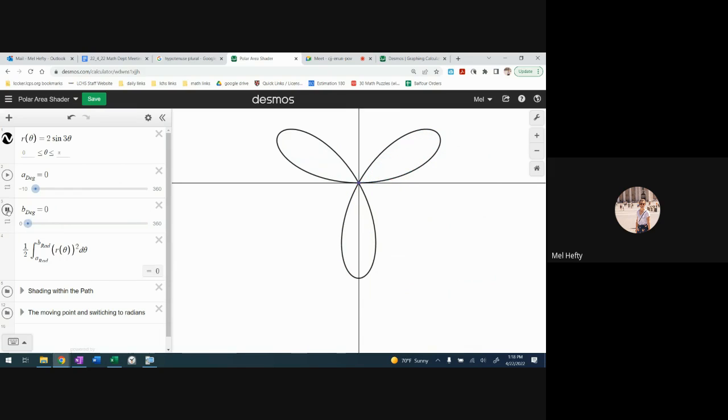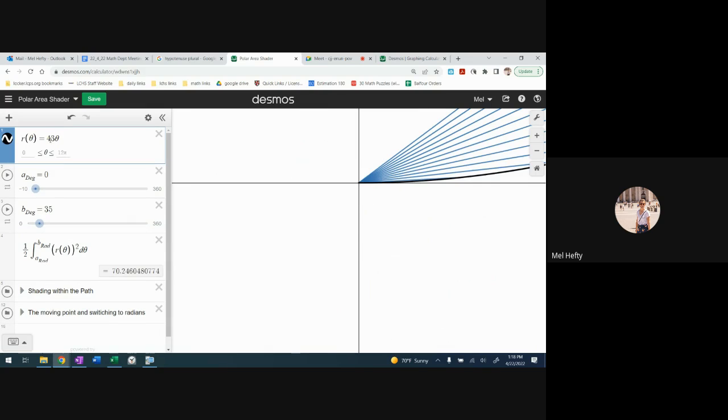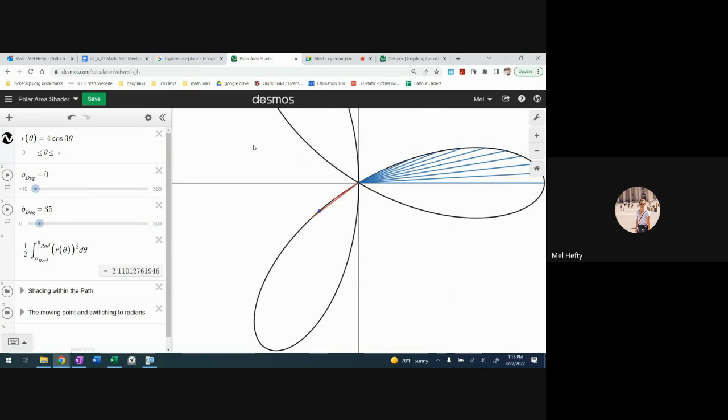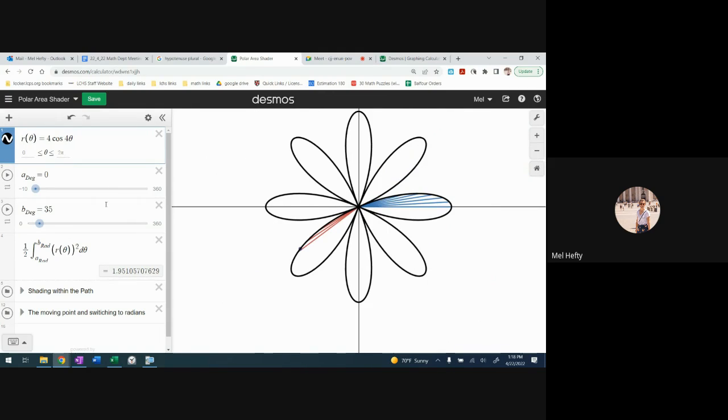I think it's a little calming to look at, you know? And we're doing 4 theta now. Yeah, they get kind of wild because it goes across a lot.